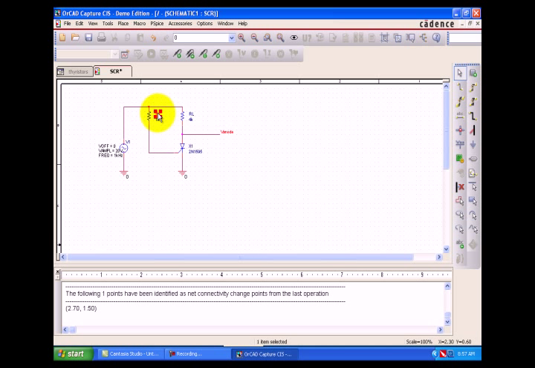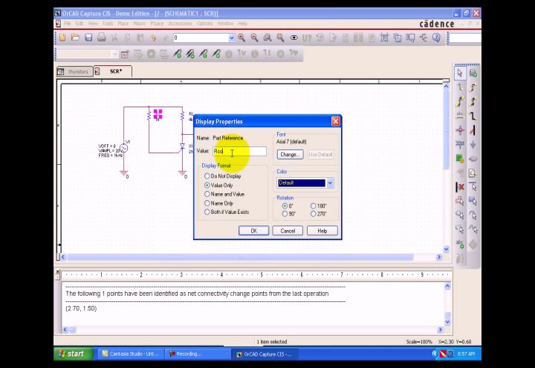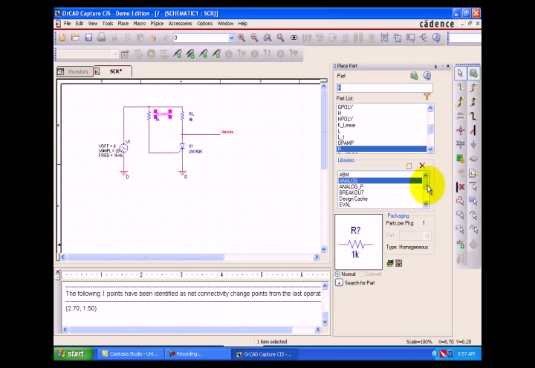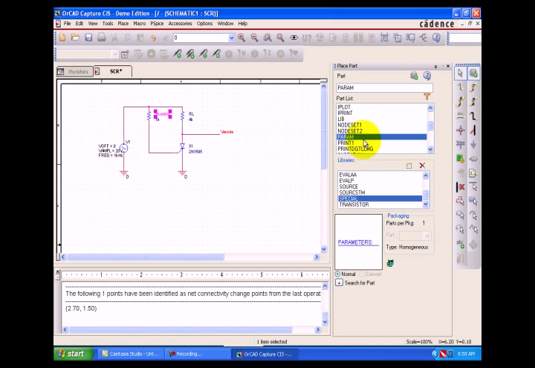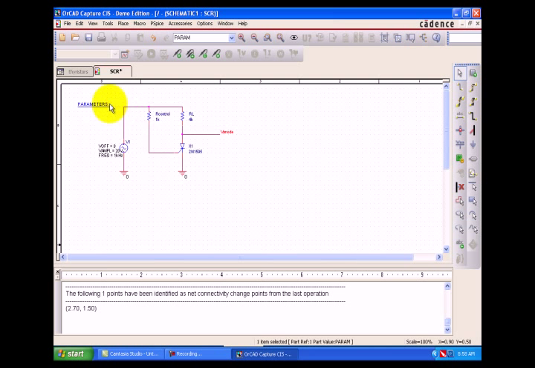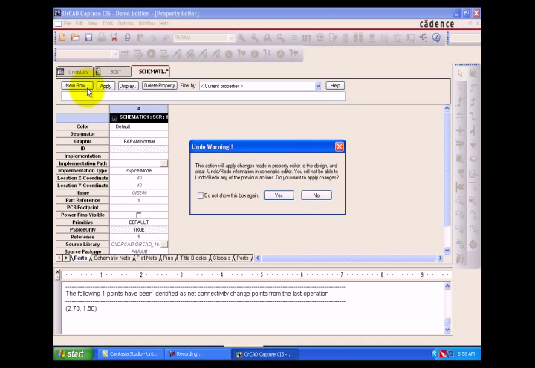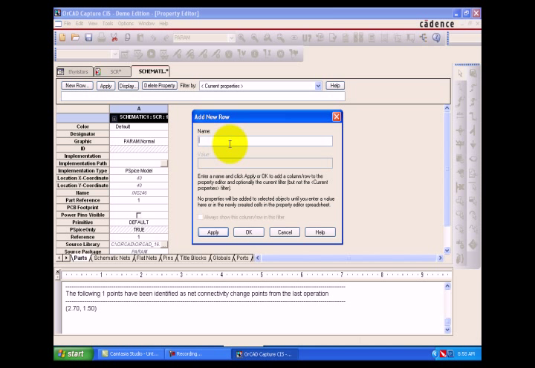R control, which controls the gate of the thyristor. These are the parameters. Label it as RVL, the control resistance of 1K.